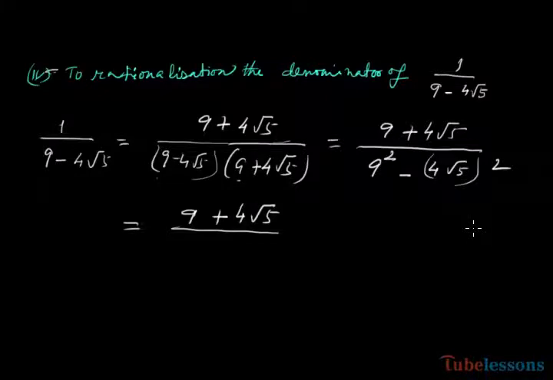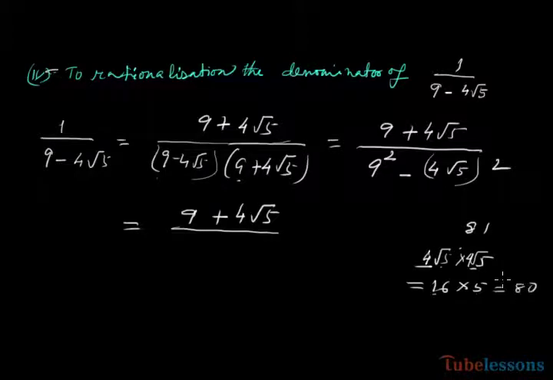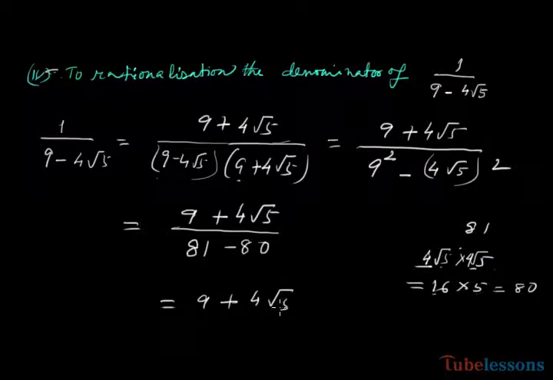Now 9 square is 81, and 4 root 5 into 4 root 5: this 4 and this 4 becomes 16, root 5 into root 5 becomes 5, and 16 into 5 is 80. So this becomes 81 minus 80. So the answer is 9 plus 4 root 5, because 81 minus 80 becomes 1.